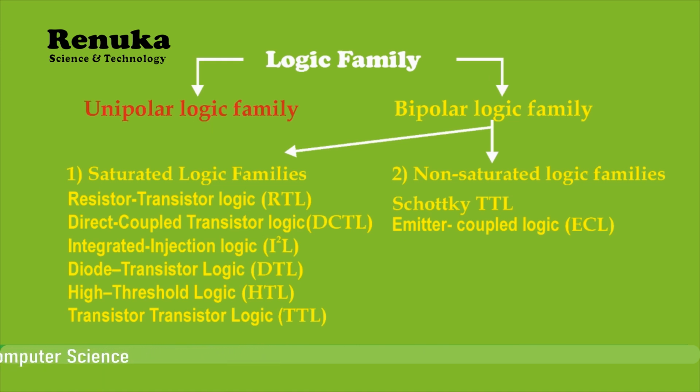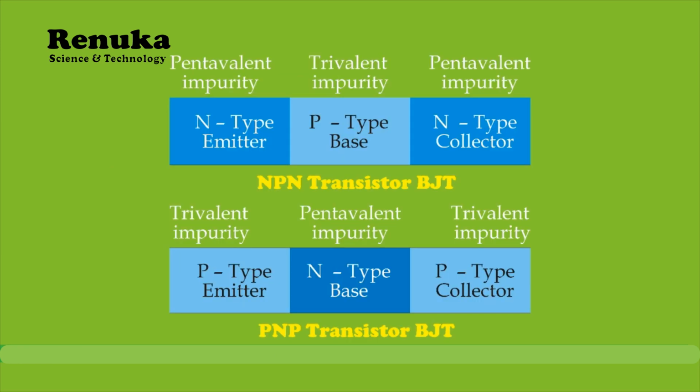BJTs, we have already studied in 11th, about the transistor or types of transistor, in which we have studied the bipolar junction transistor. Bipolar junction transistors have three terminals named emitter, base and collector.